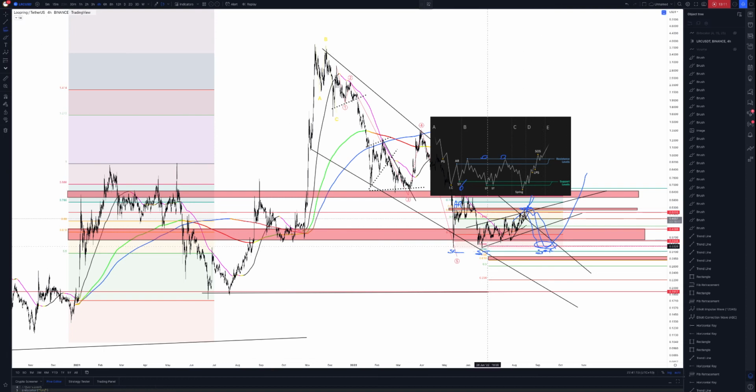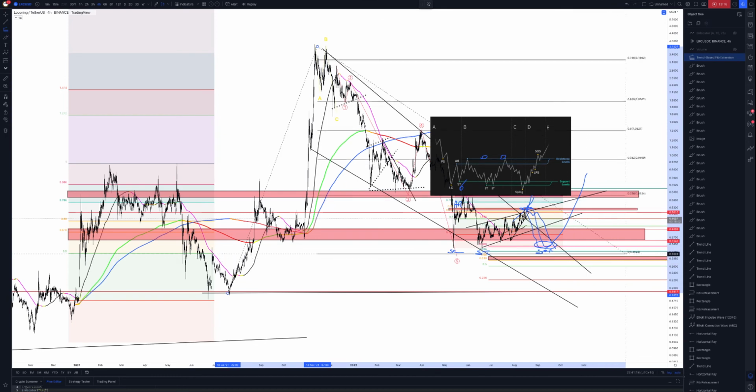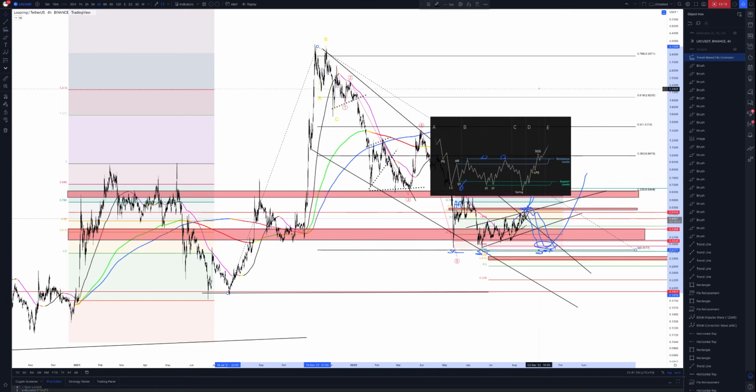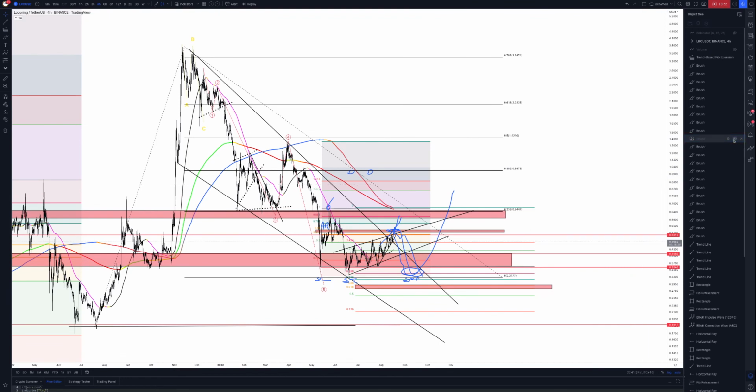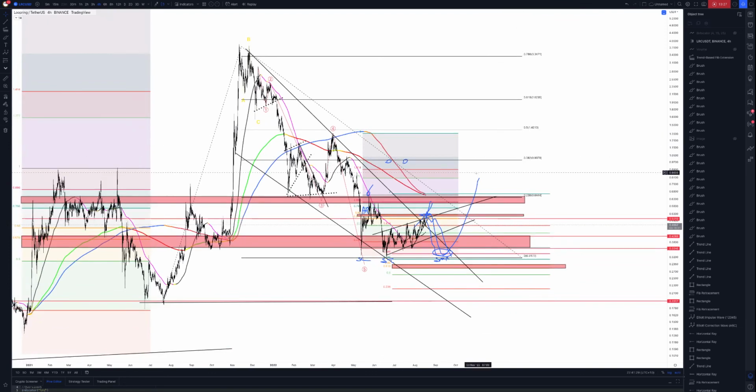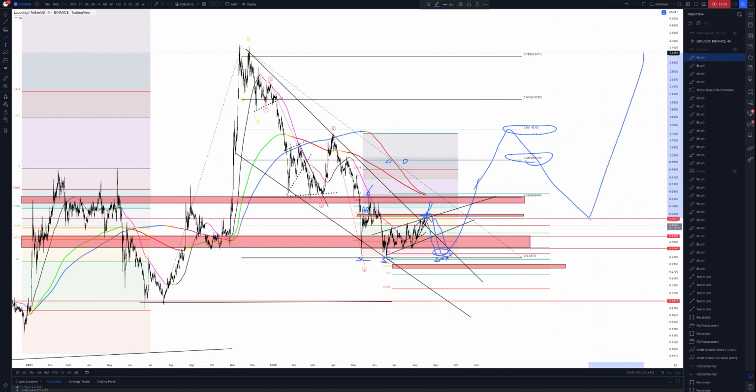If this was the bottom, we can go swing high and then swing low. If that was our bottom, then we have these Fibonacci levels that we can look at. I think if this was to take place, I'll be looking at these levels, probably 0.5, and then come back down, and then back up, and you get some sort of warning wedge.